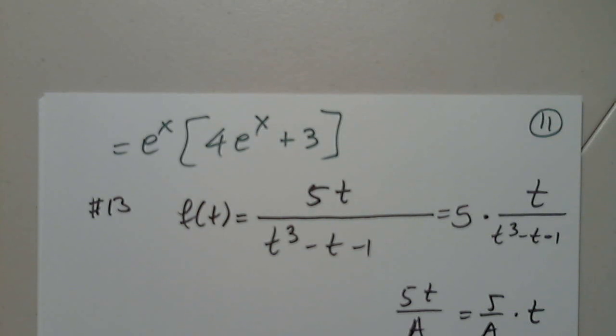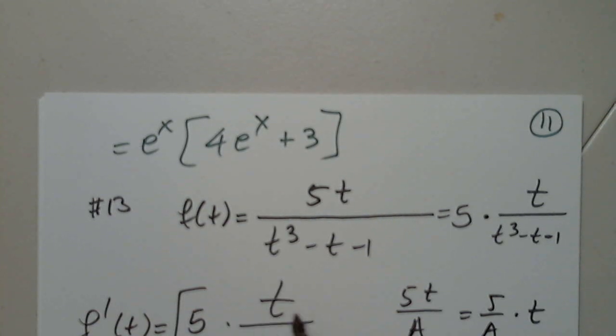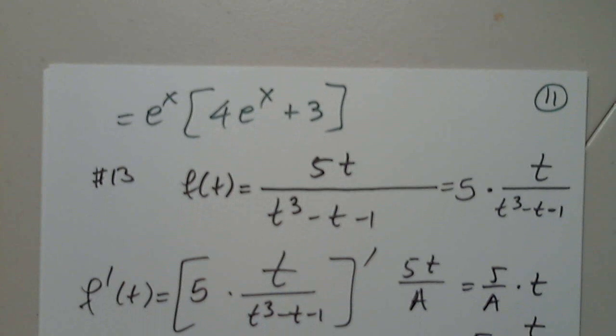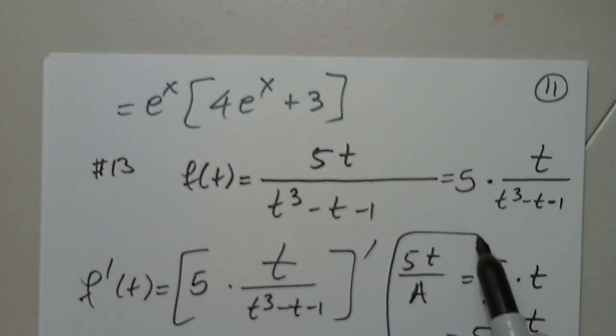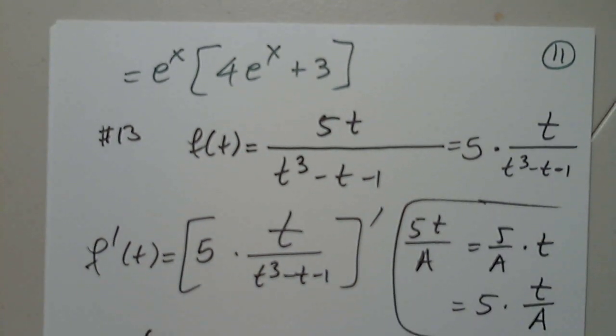Because when I differentiate, I have 5 times t over t cubed minus t minus 1, prime. Let me box this in. And then I have 5 times. And I don't have to worry about it. It can stay and wait patiently.